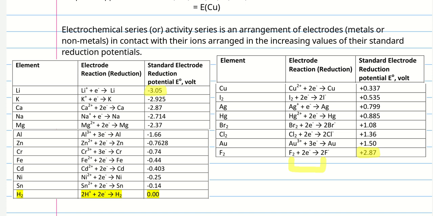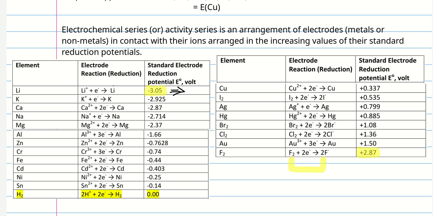On the contrary, lithium ion plus e minus gives lithium. That means lithium does not have that tendency to accept electrons, so that tendency is negative. It is not a very pleasing reaction for the lithium ion to gain an electron and form a lithium atom.